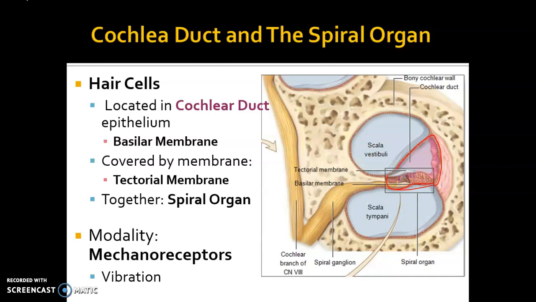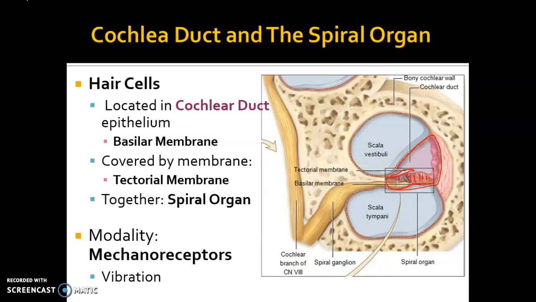Sitting on top of the basilar membrane are the hair cells. Can you identify the hair cells? All these are the hair cells. And then superior to the hair cells, the jello-like material is the tectorial membrane shown here.